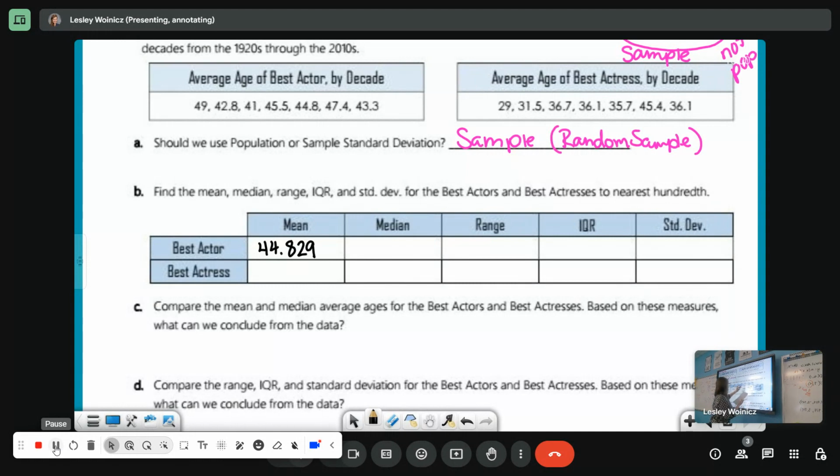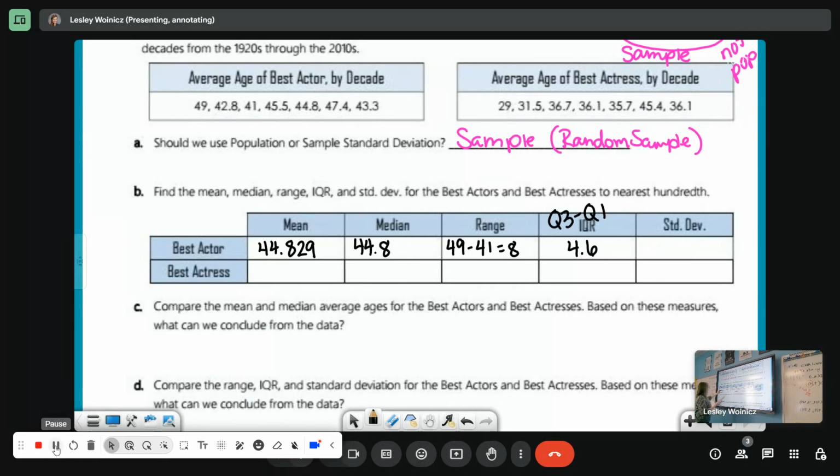The mean is 44.829, and the median is 44.8. The range is 49 minus 41, which is 8. So this is the max minus the min. And then for my IQR, I'm doing quartile 3 minus quartile 1. And that gave me 4.6.